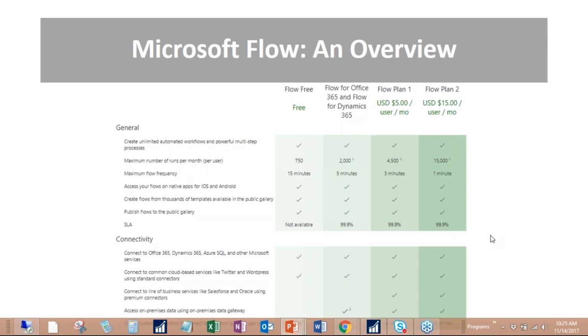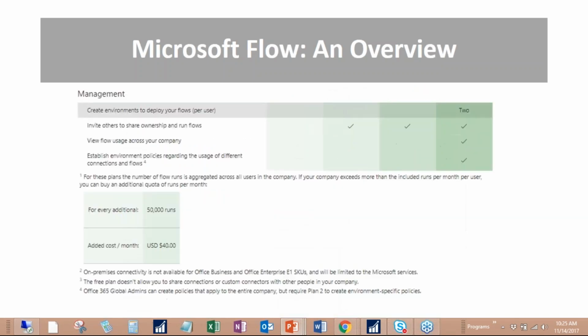This chart shows all the data relevant to the different plans, from the free plan to the Office 365 included plan, and then Flow Plan 1 and 2. There are SLAs associated with every paid version except for the free one, so you can count on the system to be alive and working 99.9% of the time.